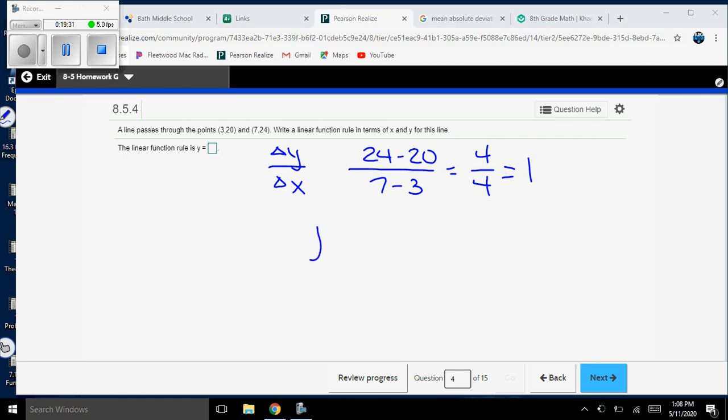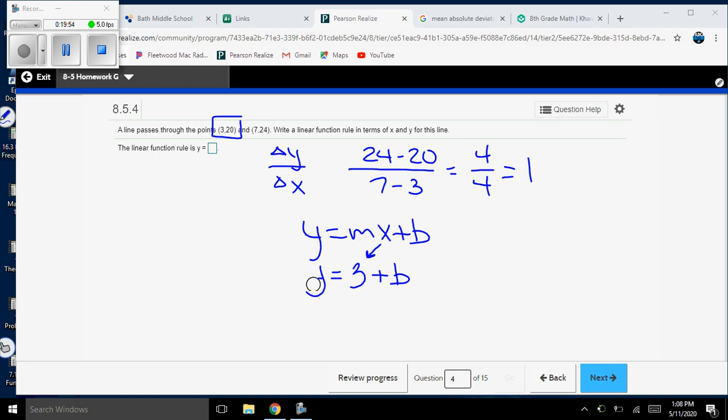So I know my format, which is y equals mx plus b, is looking at y equals, I'm going to go ahead, m is being replaced by the number 1. So if I replace x here with one of these, I'm going to go 3. All I did was replace x with 3, plus b.